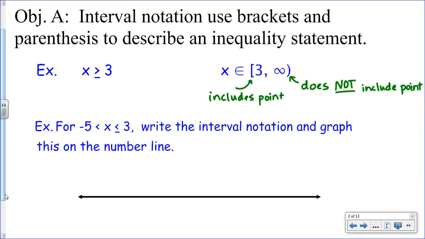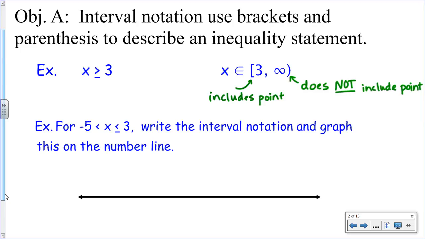So for -5 less than x less than or equal to 3, this is a compound inequality because I have two inequality signs. We want to graph it and then write the solution in interval notation. It's easier to graph it first because that describes the interval that I need to write.